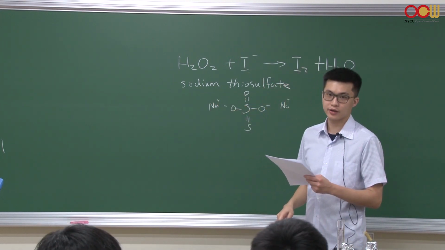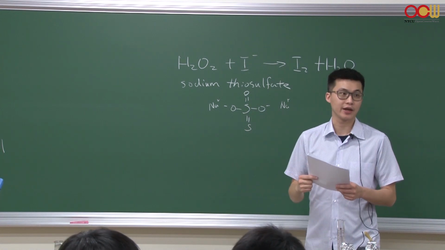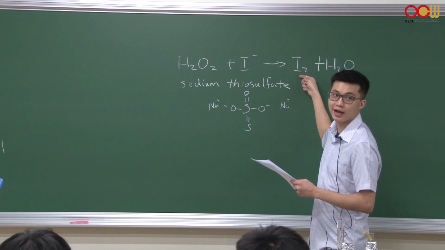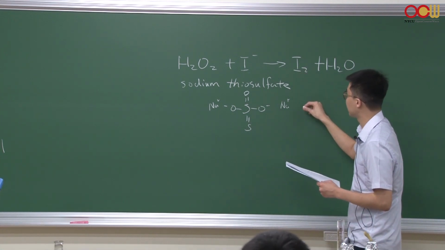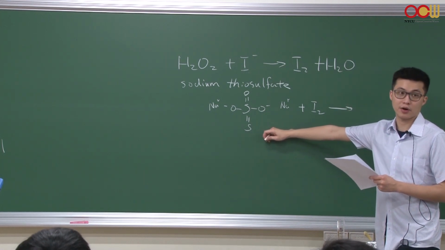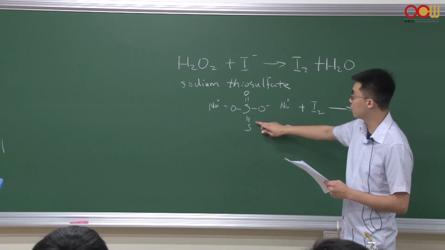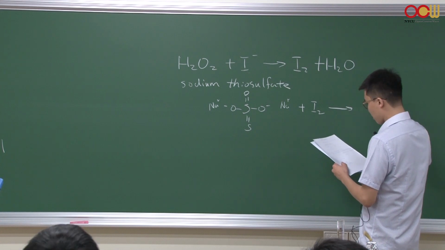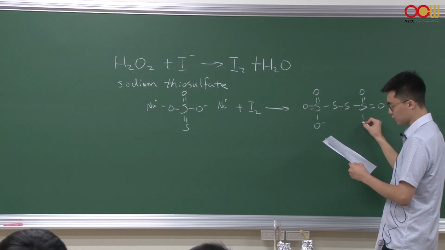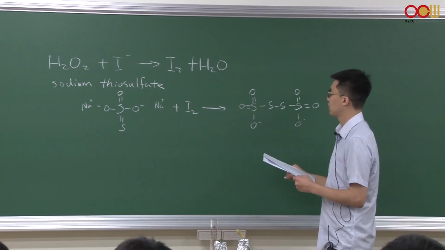It is a very common indicator used for titrating iodine, because iodine is capable of oxidizing this thiosulfate into its dimer, okay? The electrons move around, then you will end up getting this tetrathionate salt.